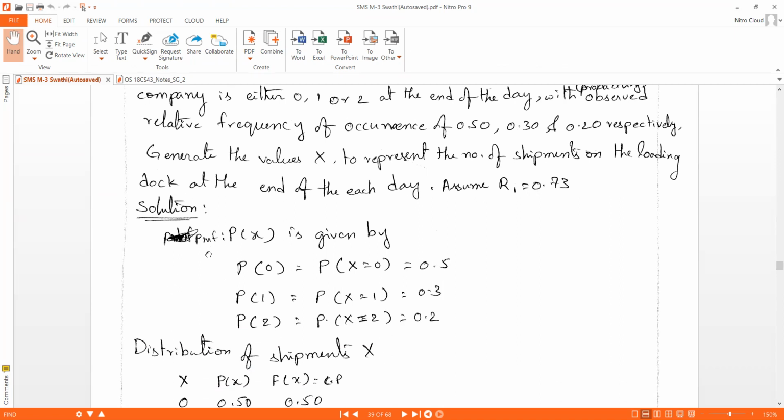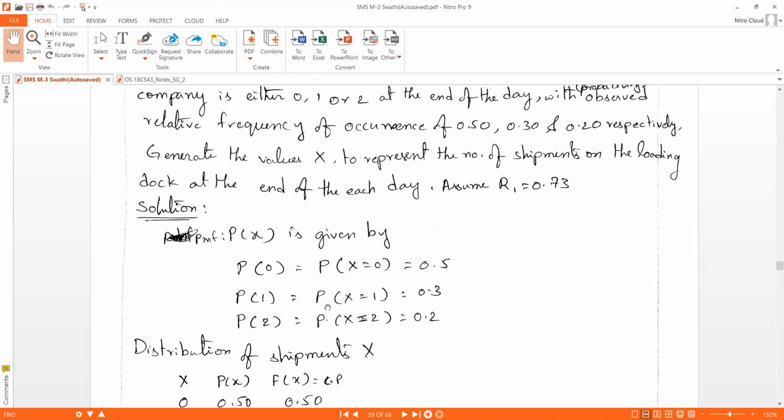The empirical distribution PMF, P of x, is given like this. P of 0 is P of X equal to 0, which is 0.5, given in the problem.